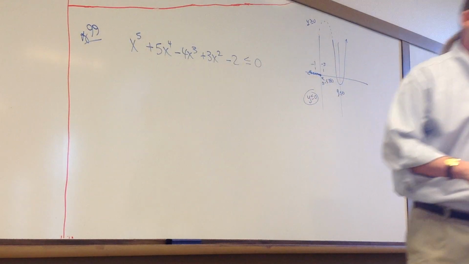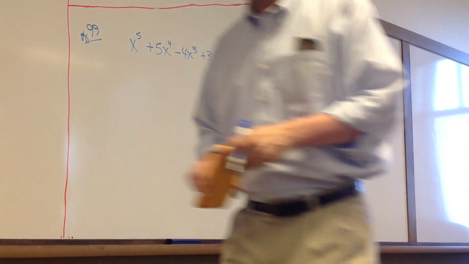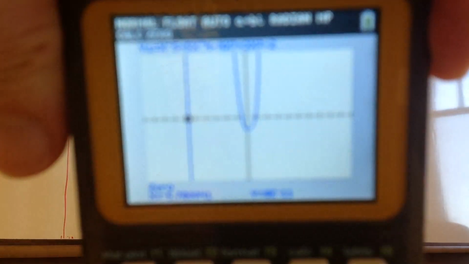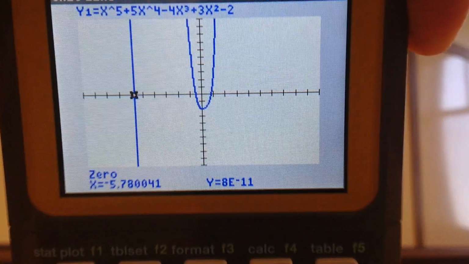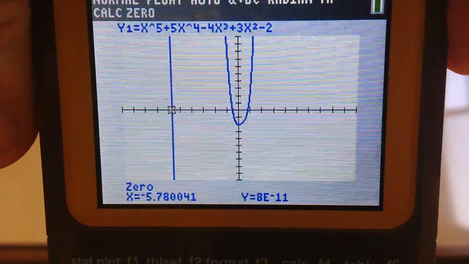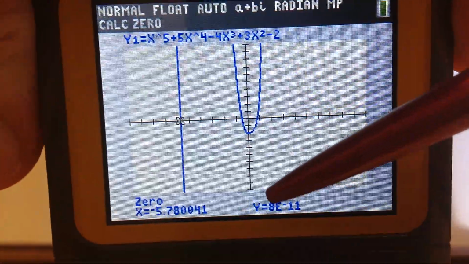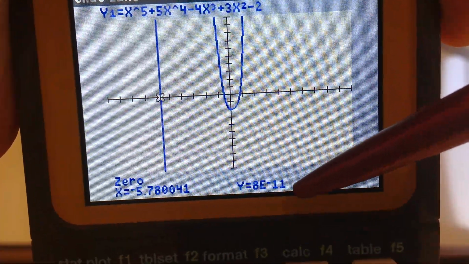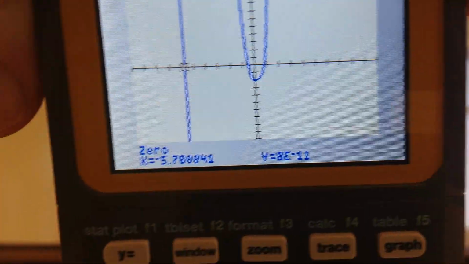And I just wanted to point something out that the calculator sometimes does on these problems. We're looking for the root, which is the place where y is 0, and people sometimes get flustered here because you can see down in that right-hand bottom there, it says y equals 8e minus 11.